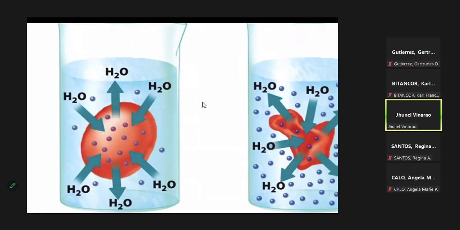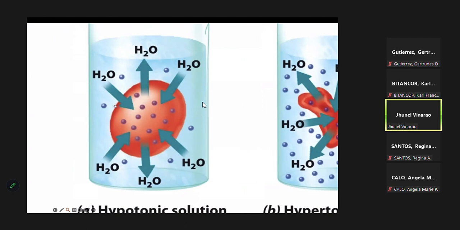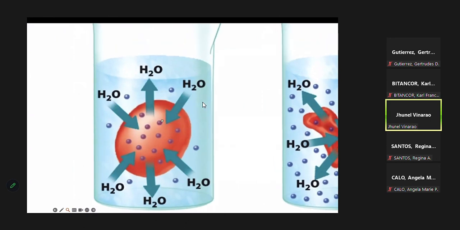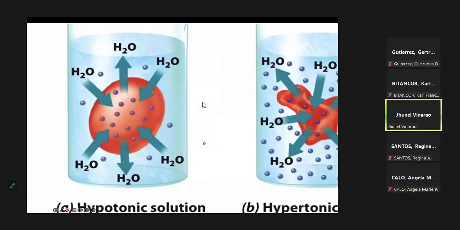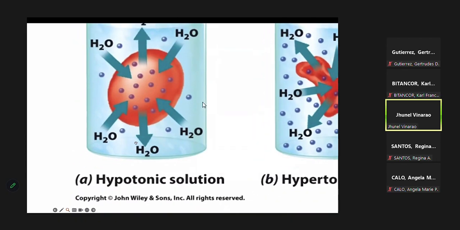The cell will become flaccid. Flaccid means soft, like when you leave your fries overnight and they become flaccid. In plants, to maintain turgor pressure, the water should be stored in the vacuoles, and the force in the vacuole will push outward against the cell wall. So for plants, the hypotonic solution is favorable.